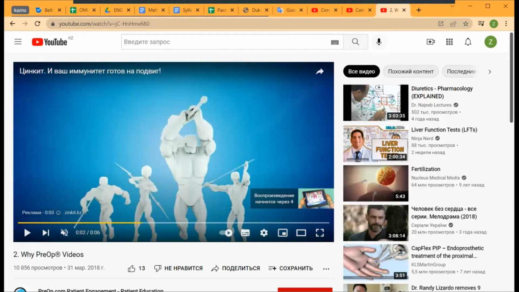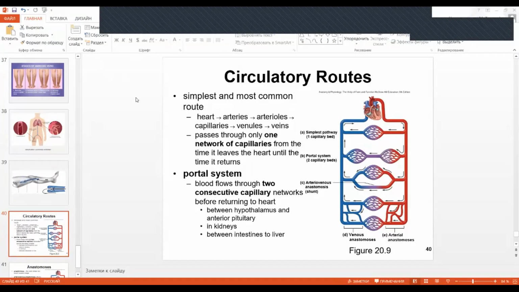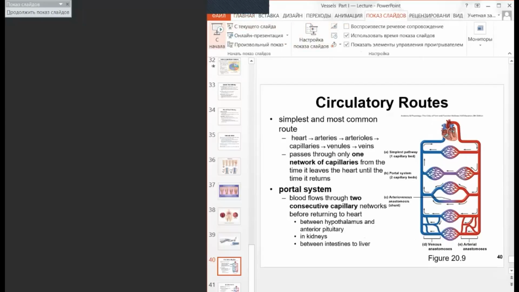Oh, stop. Now we need to be fast. We have 30 minutes to go to the second topic. The second topic is about the vessels directly. Where is my lesson? Here. Do you see my screen?